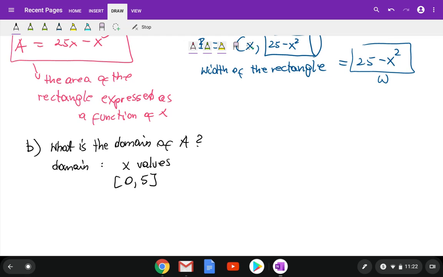Graph A equal A of x, and for D, for which value of x has the area which is the largest one. So for graphing, let me just write the note: C and D from PowerPoint. Read it.